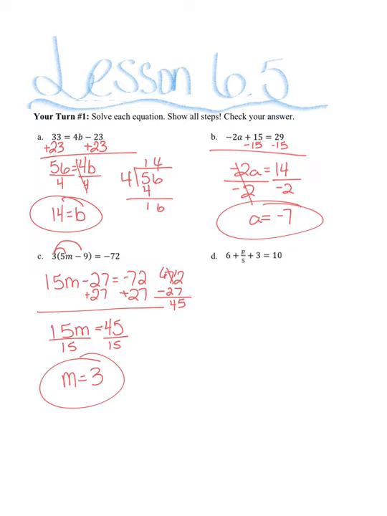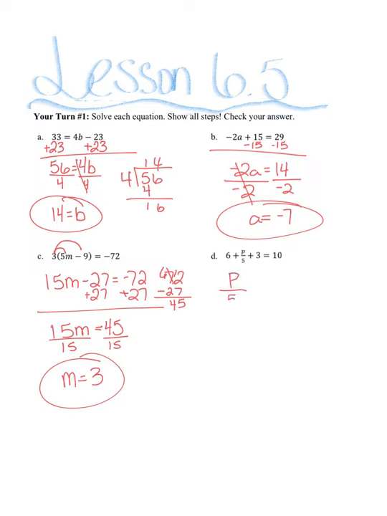And our last equation here, we've got 6 plus p divided by 5 plus 3 equals 10. And we can also simplify the left side of our equal sign here by taking our 6 and our 3 and putting that together. So I'm going to rewrite my equation.